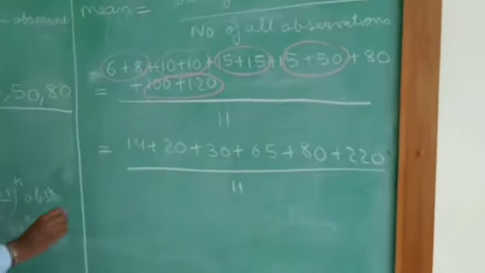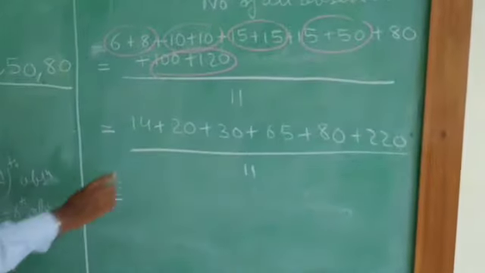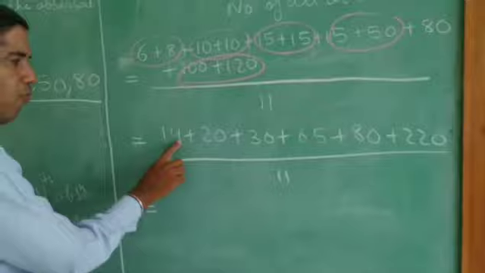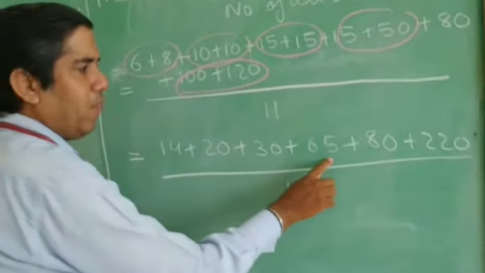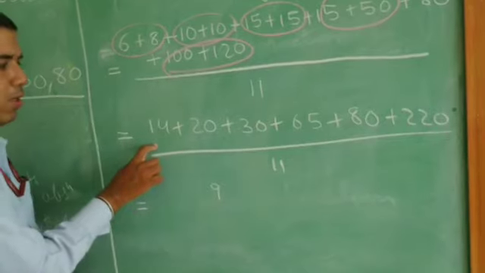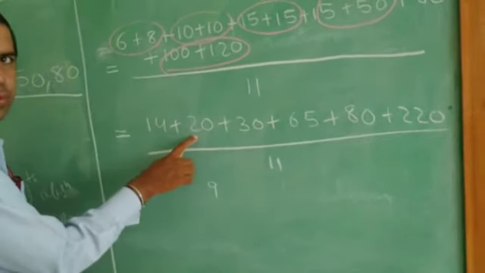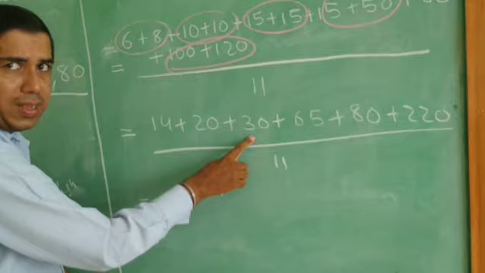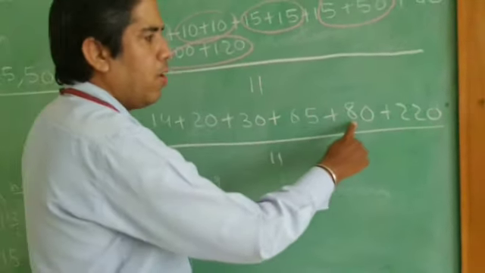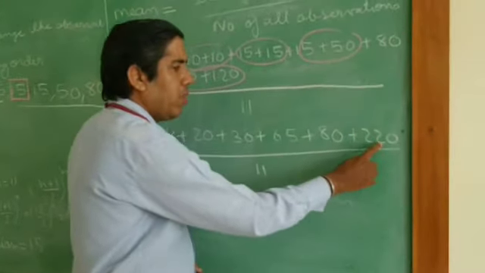Now I will do the addition. Unit place: 4 plus 5, 9. So keep 9 here. Now tens place: 1 plus 2, 3. 3 plus 3, 6. 6 plus 6, 12. 12 plus 8, 20. 20 plus 2 is 22.